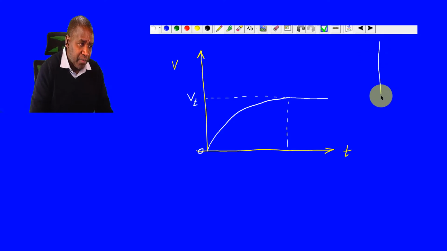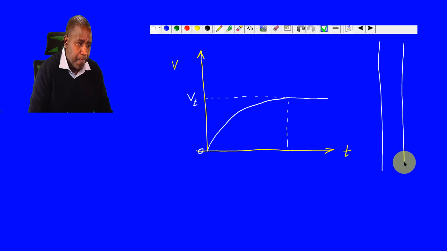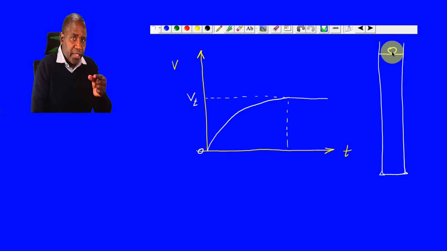Remember, the measuring cylinder could be a tall one like that. This is the surface of the liquid that you have in the measuring cylinder. And you've got the sphere. You're holding it. You're just about to let it go.